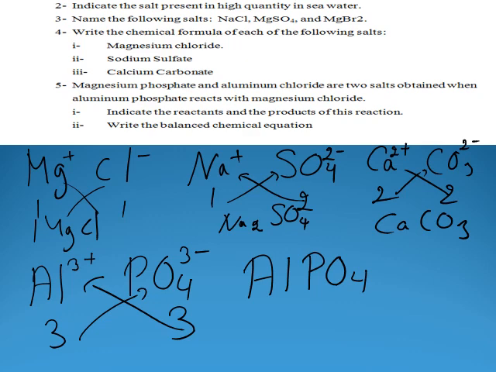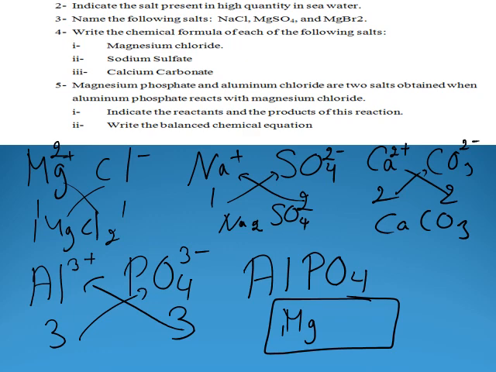How did we get magnesium chloride? Magnesium, as we said, is Mg2+, right? So we get Mg2+ and Cl-, so MgCl2.